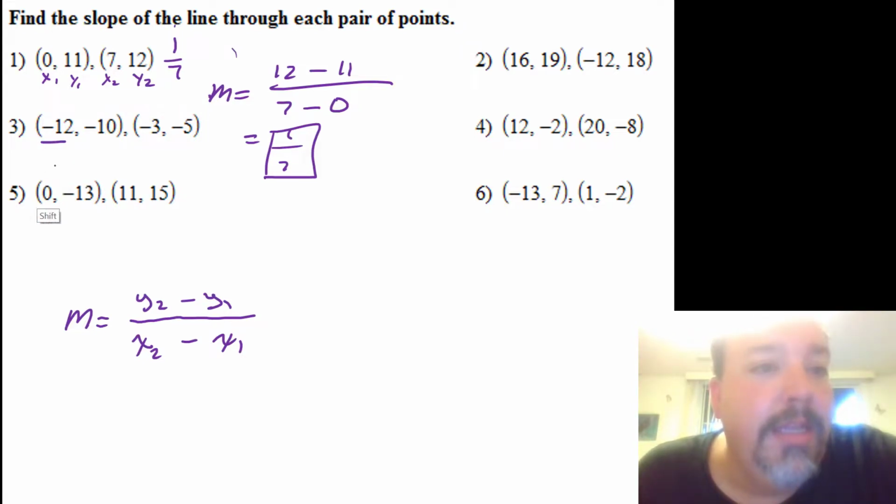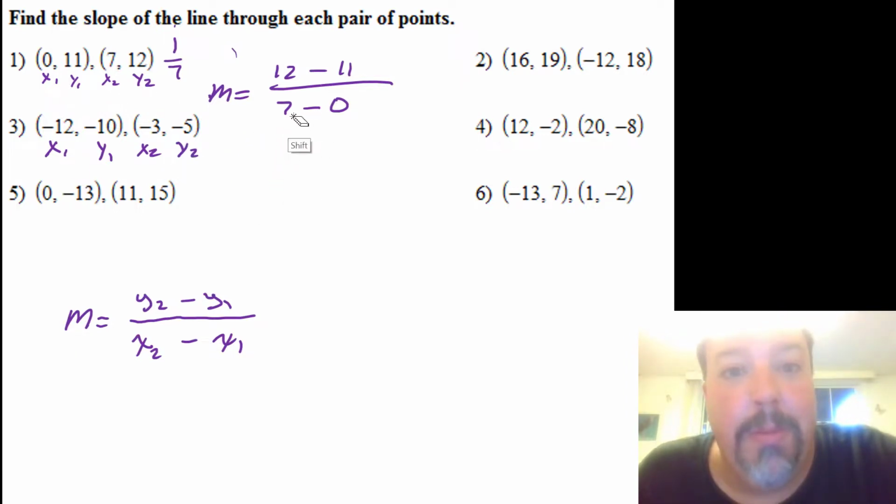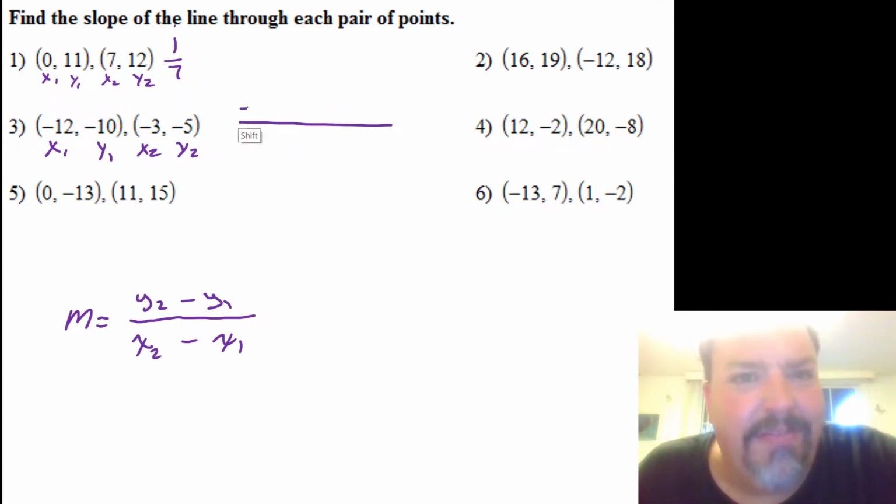All right, number 3, another example here. We're going to label this x1, y1, x2, y2, and we're going to find the slope with these. So what's going to go on top? Well, -5 is going to go on top, minus a -10.